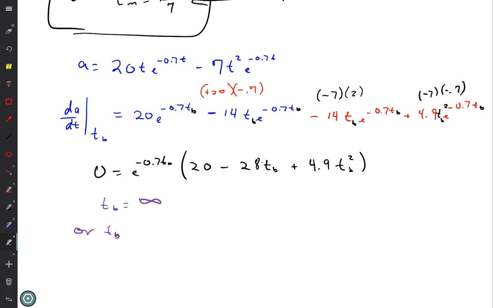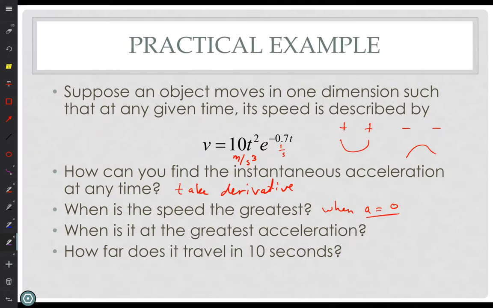And you know what I'm not going to do? Solve the quadratic. But it's going to give me 2 values. And those 2 will be, I am guessing, a maximum and a minimum, because it speeds up and it slows down, right? Okay, so that's how we find when we're going to have maximum acceleration.